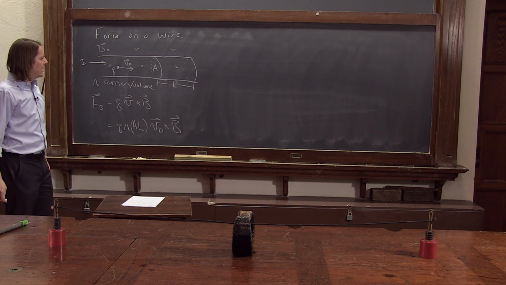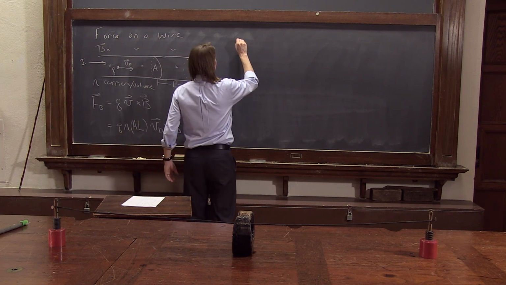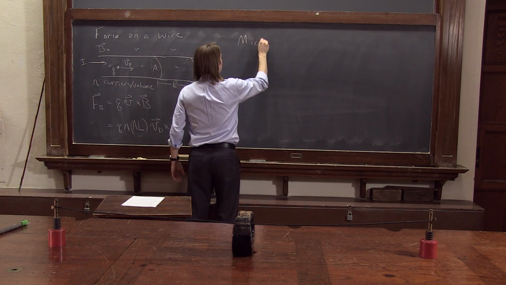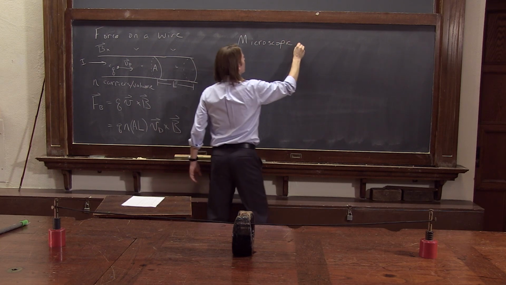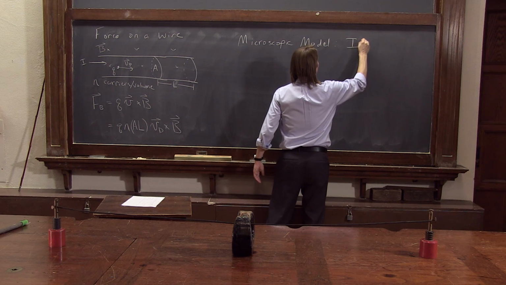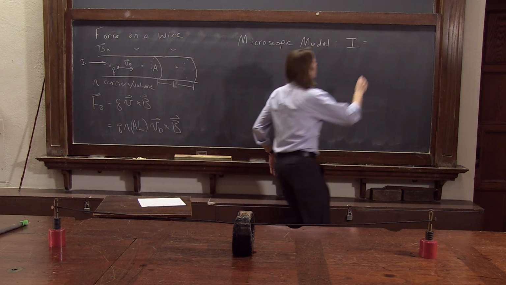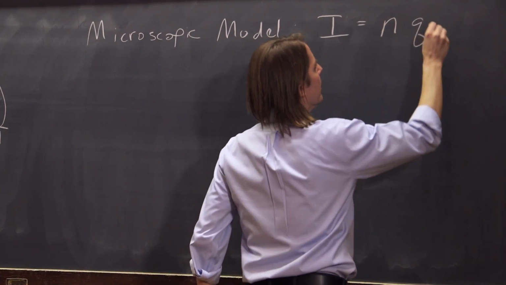Okay? Now, let's think about our microscopic model of charge, or of current. We talked about this before. We have an expression for I, and I don't want to get any of the details wrong. Yes, it's NQVdA.